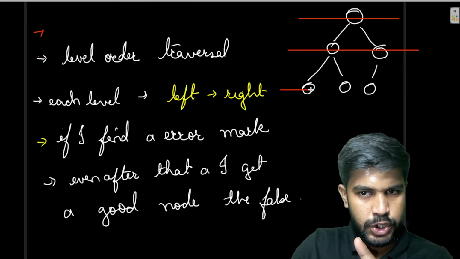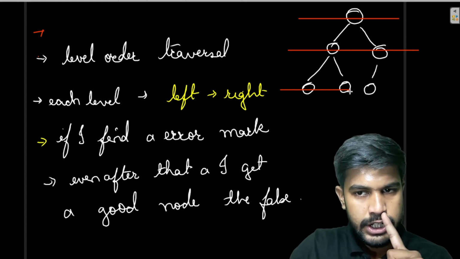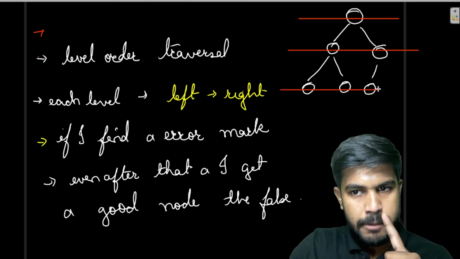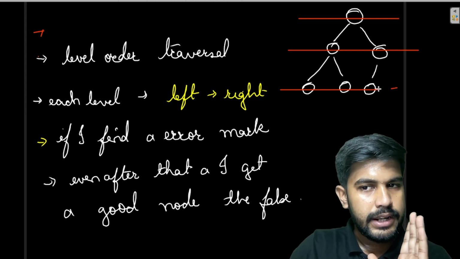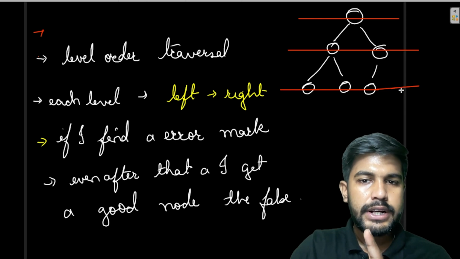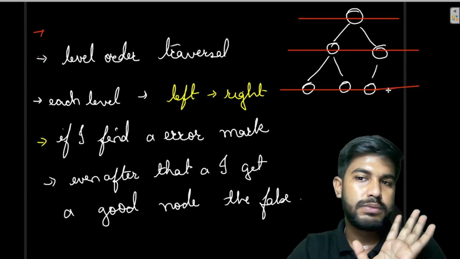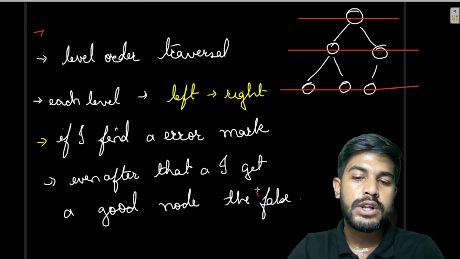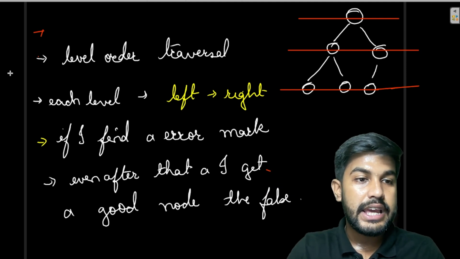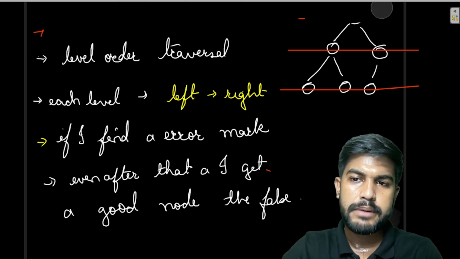It is not a null node, not a null node, not a null node. But then we found a null here, and after that null we didn't get a good node. That is why we never encountered the false condition. So we can say yes, this is a complete binary tree.